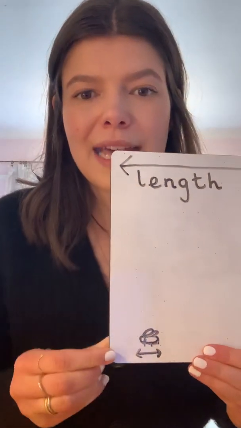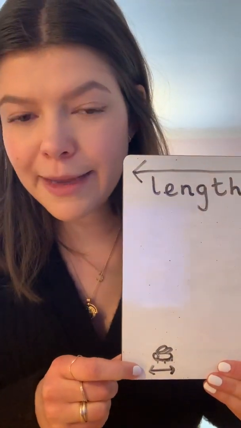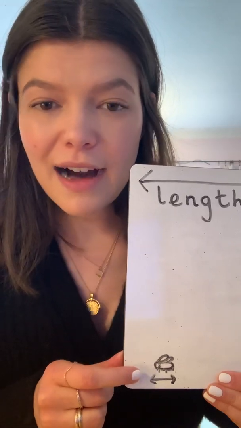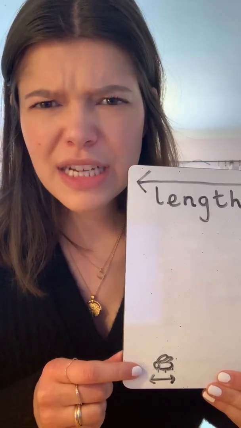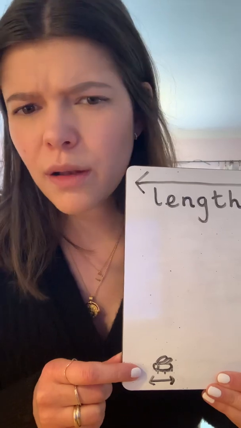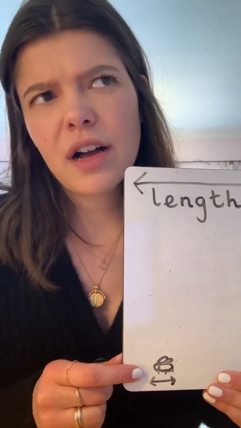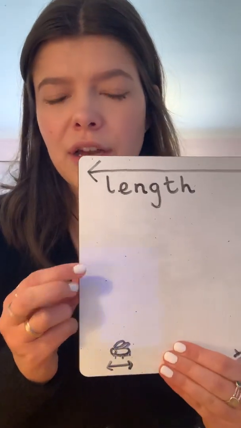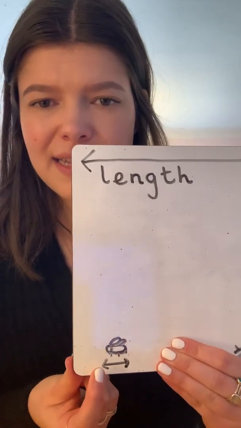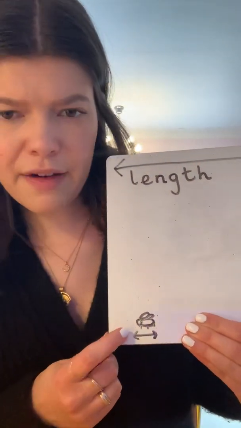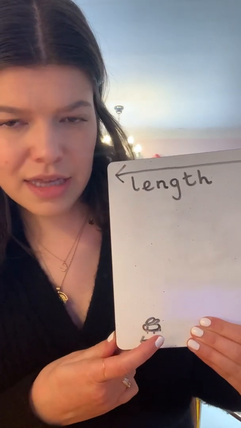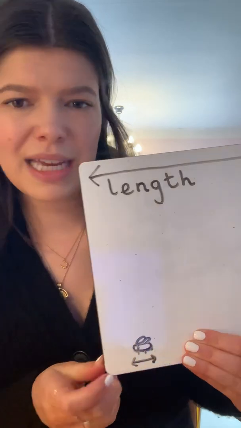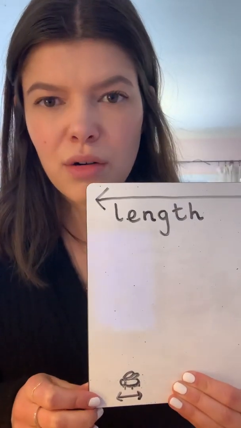Now, if we have a look here, I drew a picture of a fly. I try my best with my drawing. How can I describe the length of the fly? How long is the fly? Is the fly short or is the fly long? I can see it doesn't go that far along, from the left side of its body to the right side of its body, it doesn't go along or across very much.